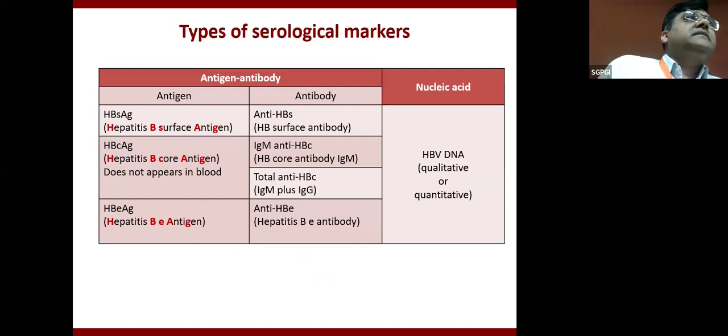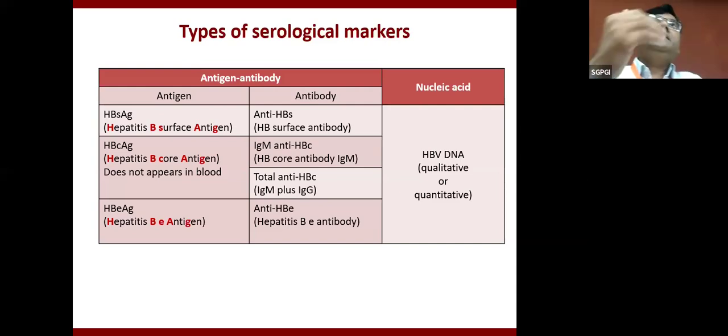DNA does not help us interpret which type of infection it is. It is basically used to decide your treatment, whether treatment is to be given or monitored, or whether the drug is to be stopped or not. But to decide what Dr. Abhay has shown in the last slide, which group our patient belongs to, acute infection, chronic infection, resolved infection, vaccination, we don't need a DNA test.